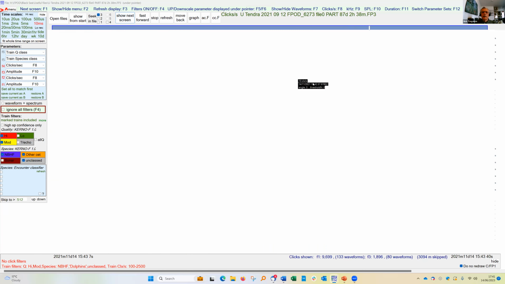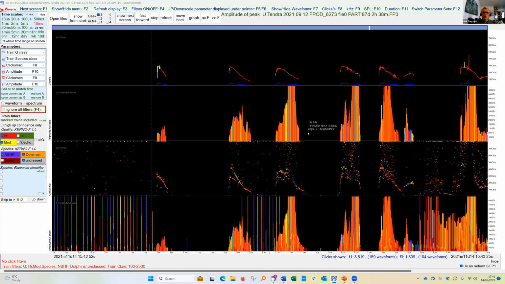Okay, so here, these are clearly social. This is the phase of the click buzz that you don't normally see, and it's very well developed here. And you can see the pattern is in a way picked out a bit better here in the FP1.